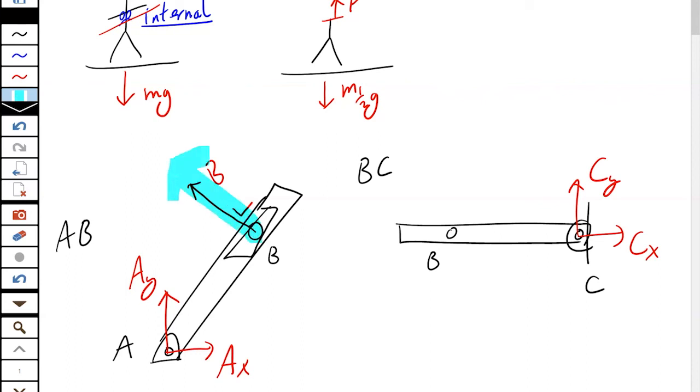So if it's up and to the left here, it must be down and to the right here. And as long as I draw that, it'll turn out perfectly. Because remember, the math will tell us the direction. If the value at B turns out positive, then it was in the direction of both arrows. They're nicely opposite. If the value at B turns out negative, just means it was in the opposite direction in both cases, and they still cancel out nicely.